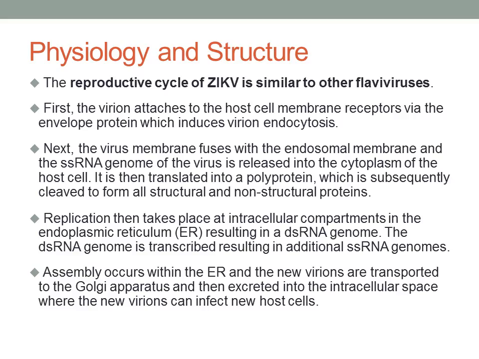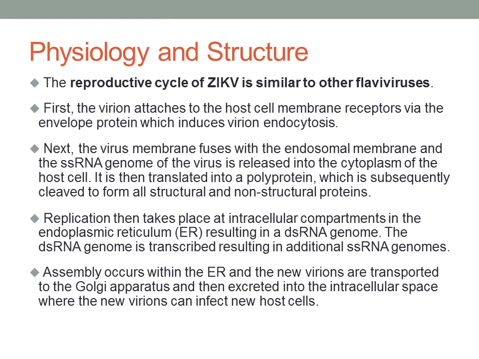As one would expect, the reproductive cycle of Zika virus is similar to other flaviviruses. First, the virion attaches to the host cell membrane receptors via the envelope protein. This induces virion endocytosis. Next, the virus membrane fuses with the endosomal membrane, and the single-strand RNA genome of the virus is released into the cytoplasm of the host cell.